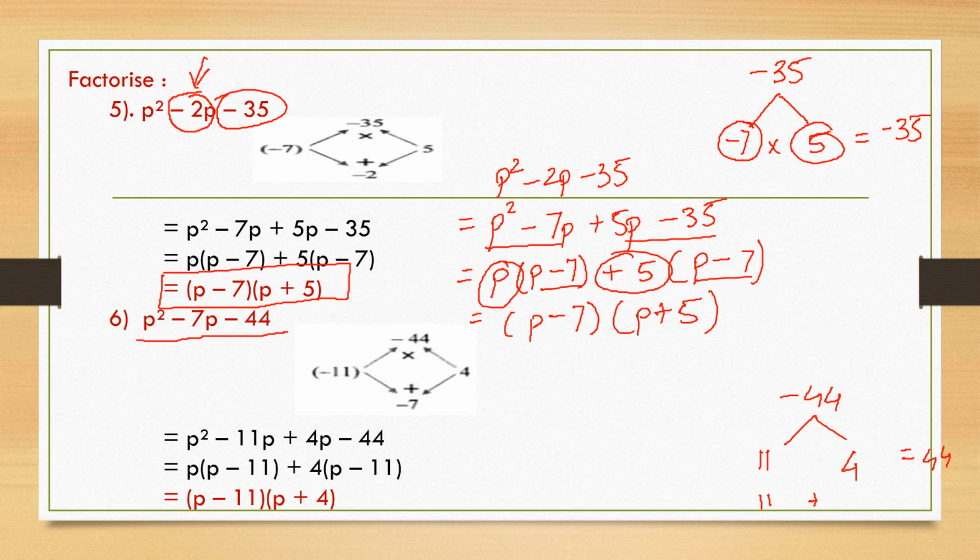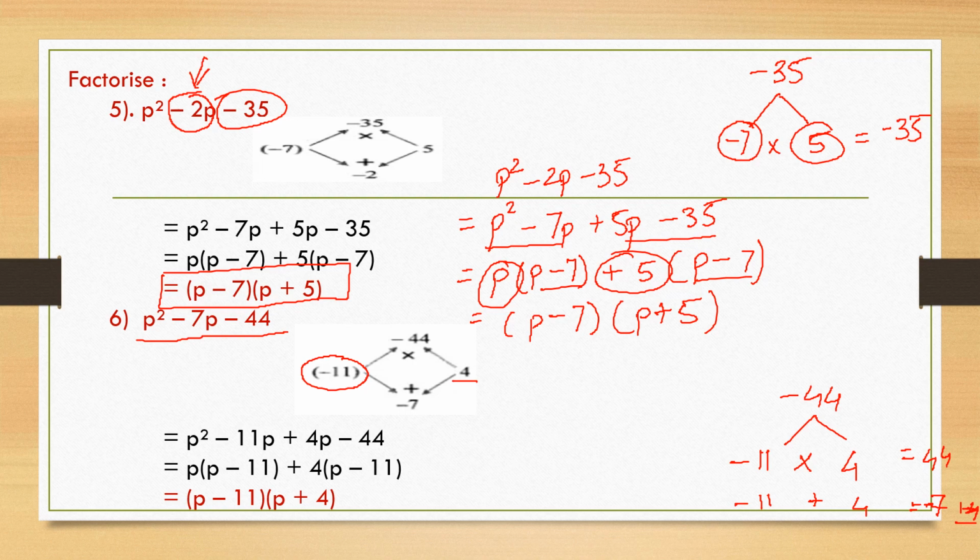And if you do 11 plus 4, you will get 15, which is not the middle term. Minus 7 is the middle term. So if you take minus 11 into 4, multiplying gives you minus 44, and minus 11 plus 4 gets subtracted and leaves minus 7. So the two numbers that you have to take are minus 11 and 4.